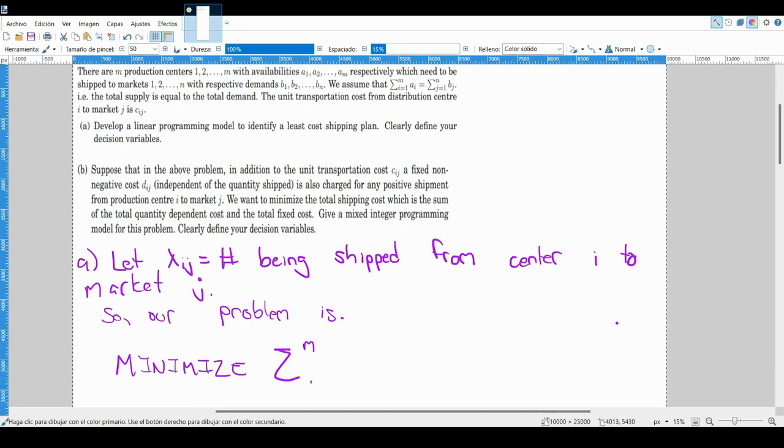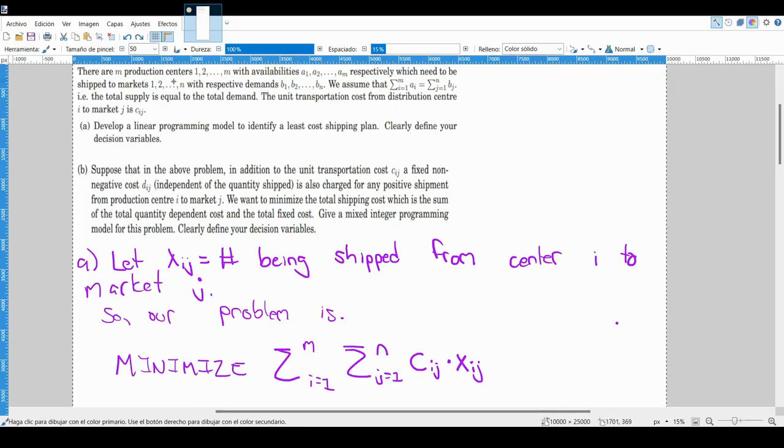From I equals 1 to M, this is going through each production center, and then from J equals 1 to N, this is going through each market. So we have the cost times the amount shipped. This is going to be our objective function.